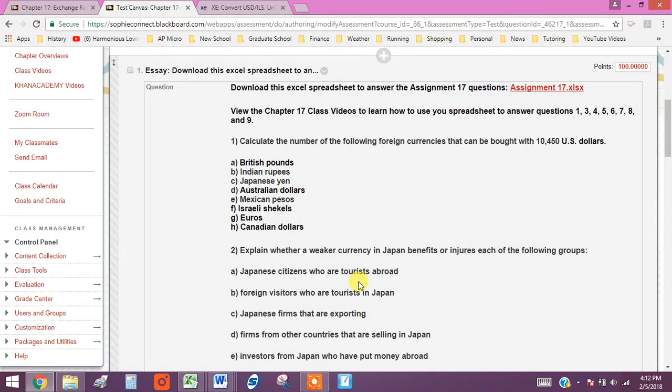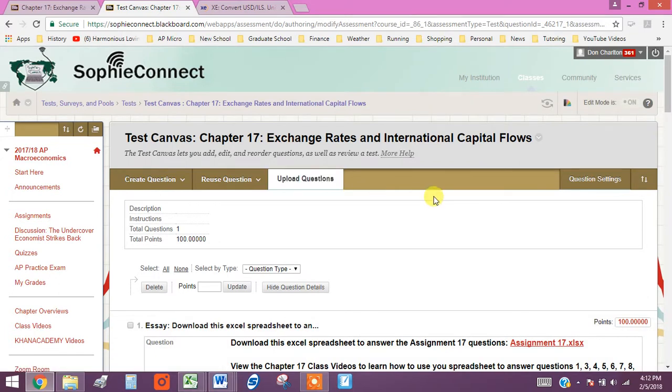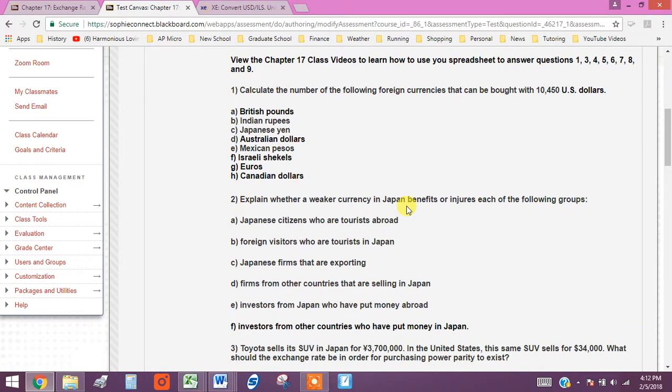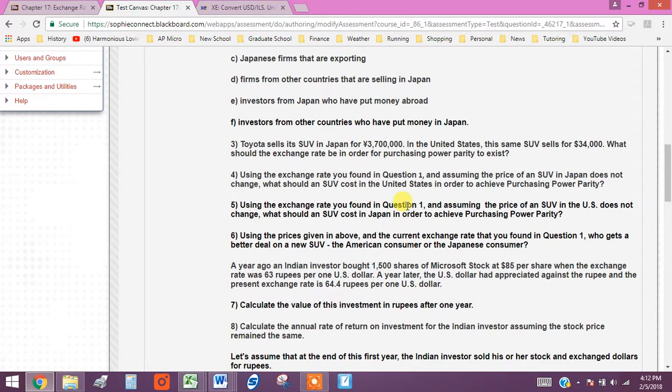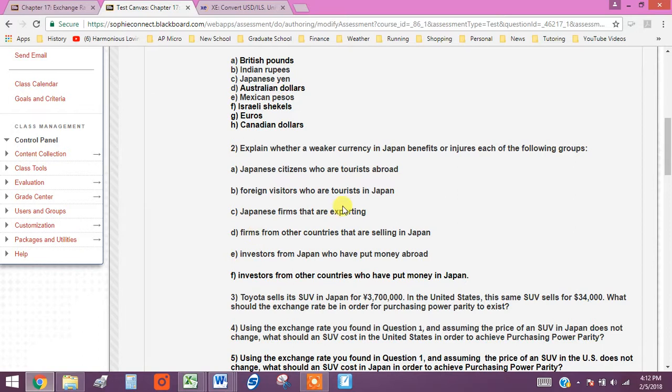We are continuing with our Chapter 17 homework, Chapter 17, Exchange Rates and International Capital Flows. Before we get to our purchasing power parity problem, which is going to be questions 3, 4, 5, and 6, I want to talk a little bit about question 2, which you can answer from your chapter, but I want to help you out a little bit so you can get the gist of how we're thinking about this.